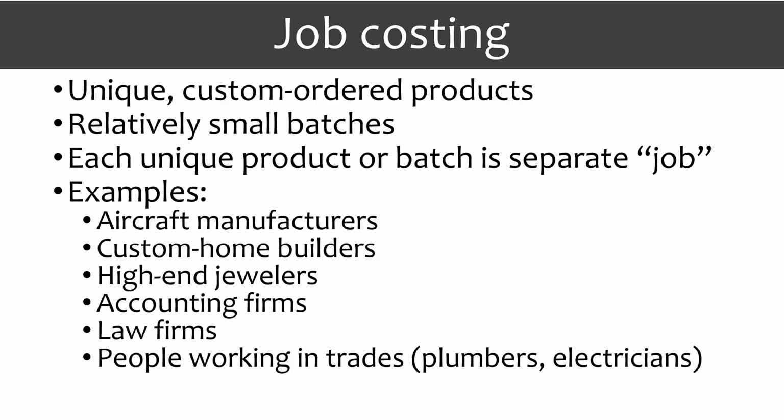Different jobs can vary considerably in direct materials, direct labor, and manufacturing overhead costs, so job costing tracks these costs separately for each individual job. Examples of companies that could use job costing include aircraft manufacturers, custom home builders, high-end jewelers, accounting firms, law firms, and people working in trades like plumbers and electricians.